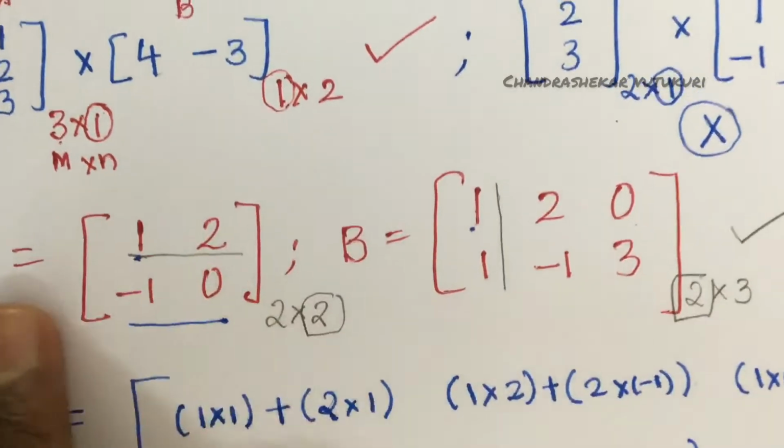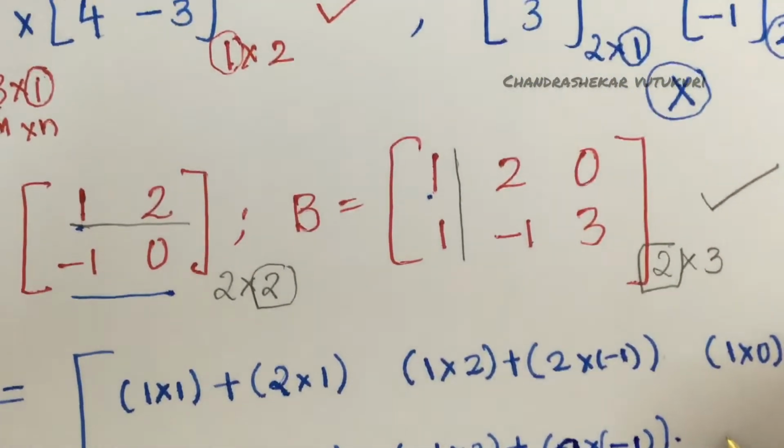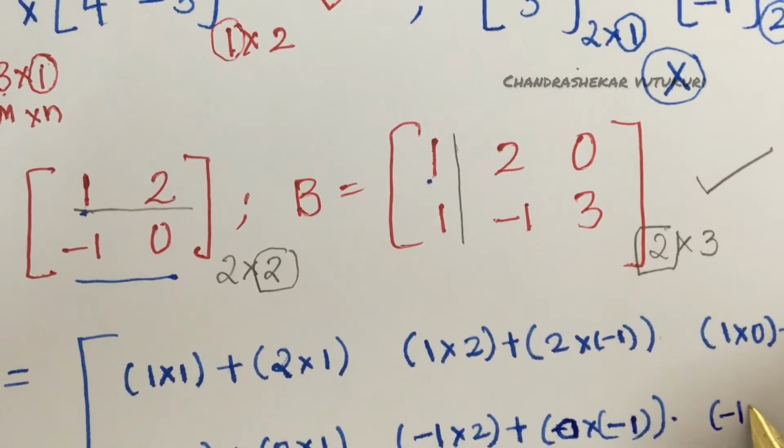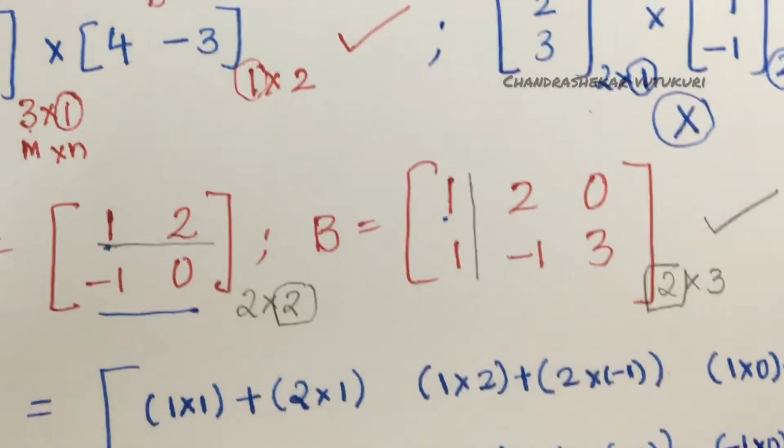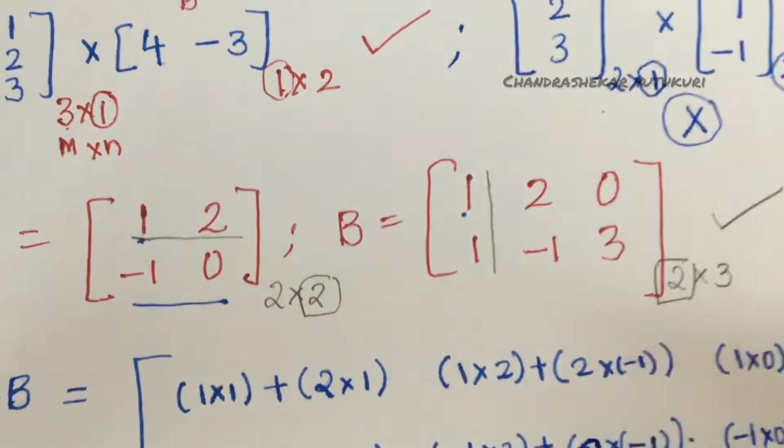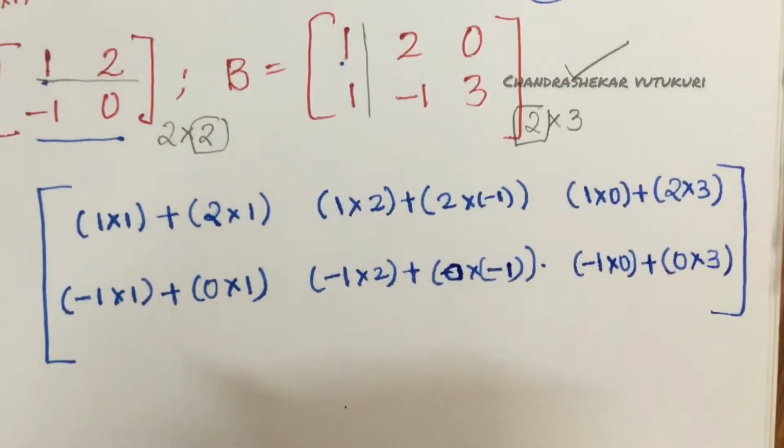Later, we need to work out this row and this column, that is all about minus 1 into 0 plus 0 into 3. This is how you are supposed to work out the multiplication.